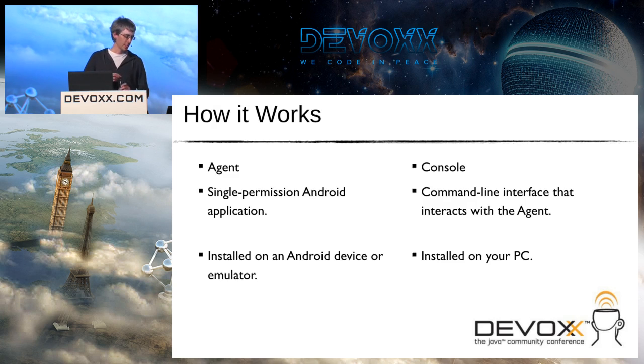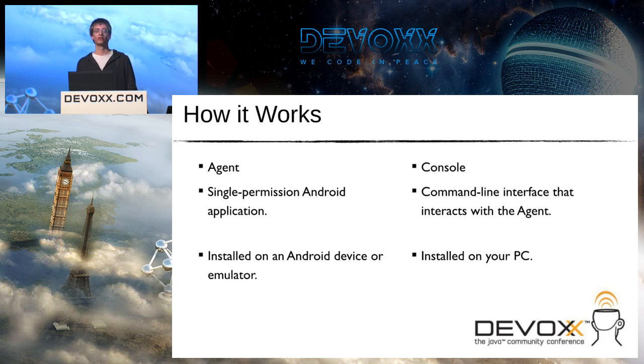So, how does it work? We obviously need some way to interact with the running Dalvik VM on an Android device. And we achieve this with an agent, which is a small package of code that you deploy on your phone or into the emulator.